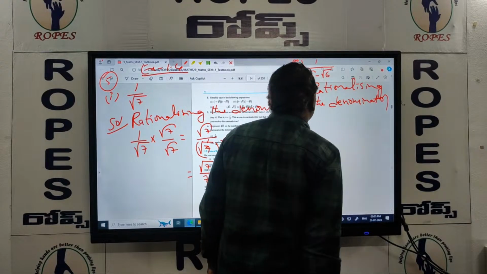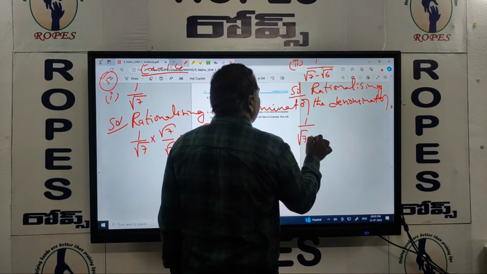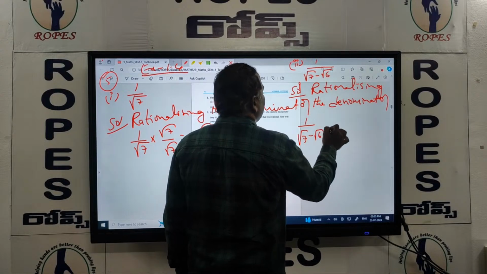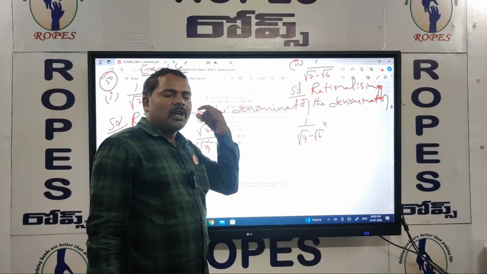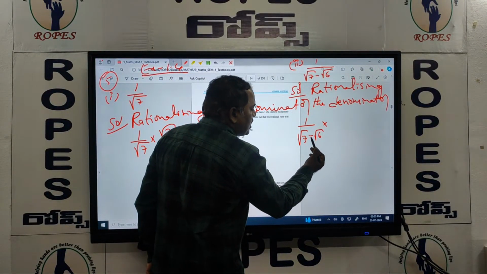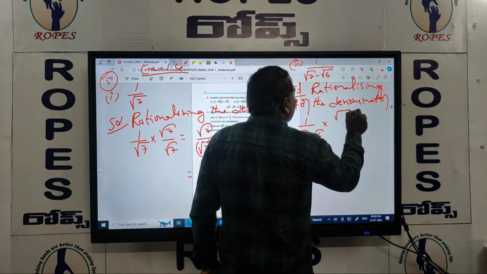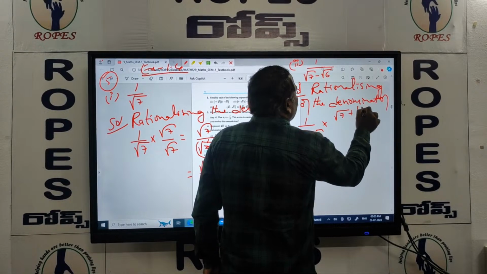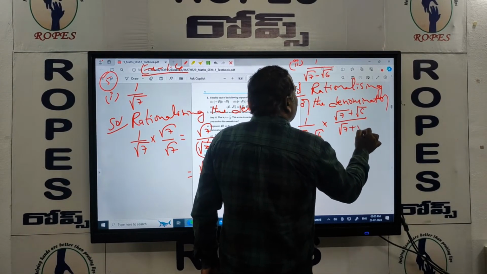After rationalizing the denominator, 1 by root 7 minus root 6 into, in rationalizing the binomial irrationals, instead of minus we should take plus, then root 7 plus root 6 by root 7 plus root 6.